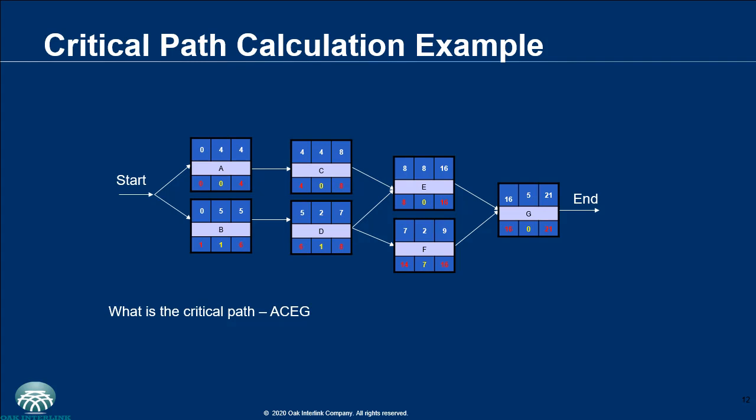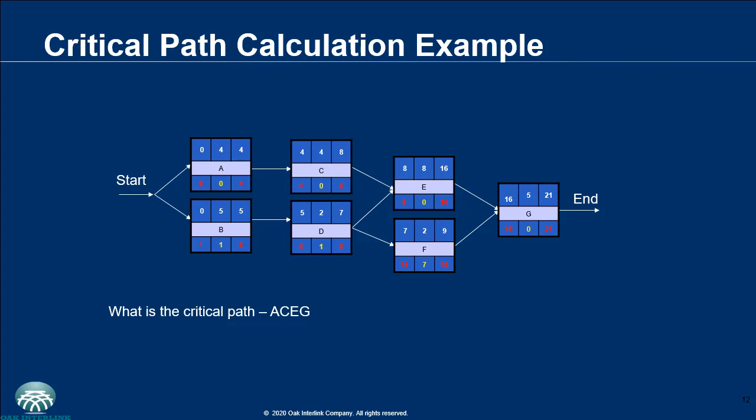So here you have the activities, and the figures on the top row represent what is done in the forward pass. If you look through the diagram, you will see that the figures on the top row are in white. All of those figures are what you fill in the forward pass process.